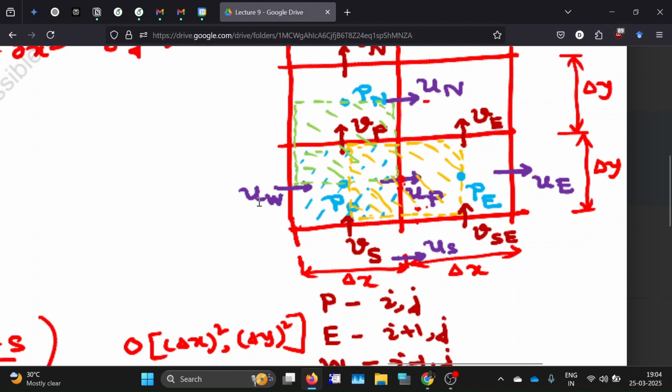One is to do a backward or forward difference, which gives me order delta x accuracy, or I can do a central difference, which gives me delta x squared accuracy. So I make the choice of doing a central difference.